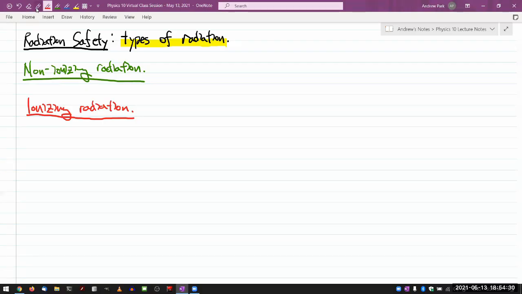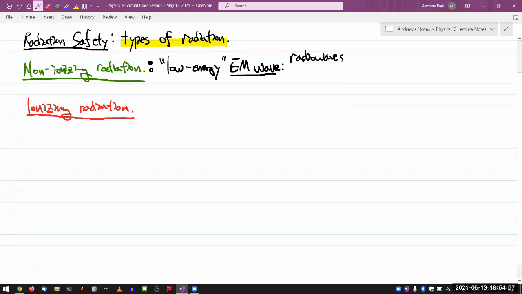So non-ionizing radiation can describe a lot of them. I think the biggest category of non-ionizing radiation is what you might call low energy EM wave, electromagnetic wave. And frankly, a lot falls into this category. Radio waves is one of them, microwave, Wi-Fi signal, which is technically a microwave signal, infrared, visible radiation.